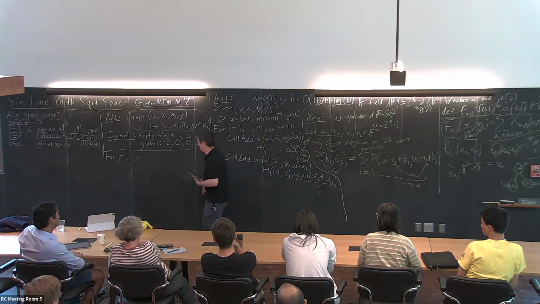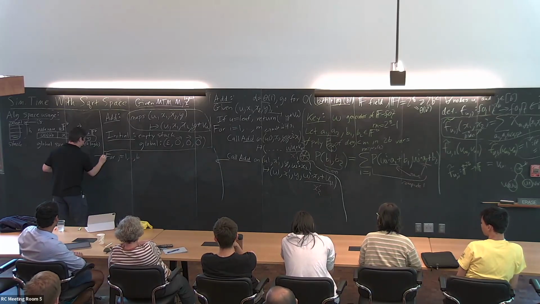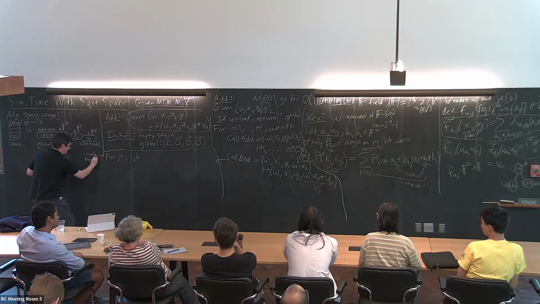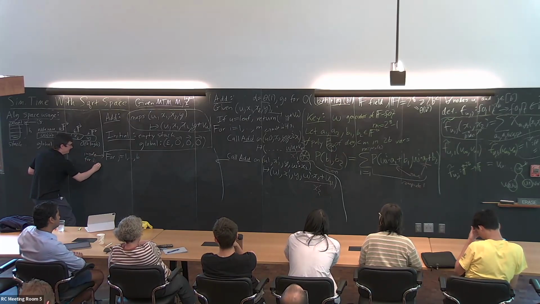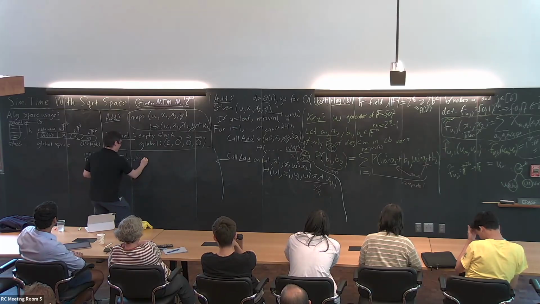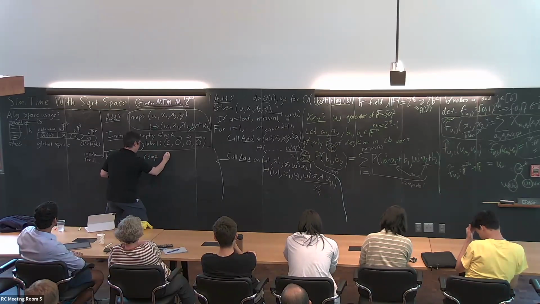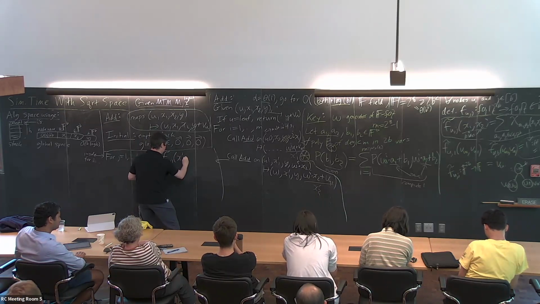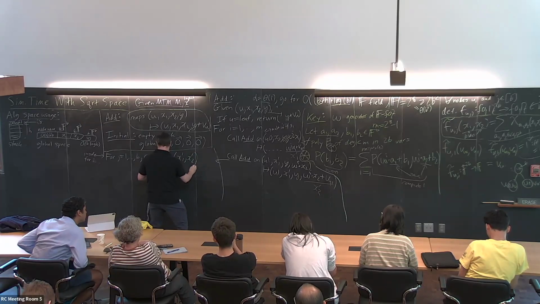So for all I, I'm going to compute my F hat or F tilde uj on X prime 1, X prime 2.